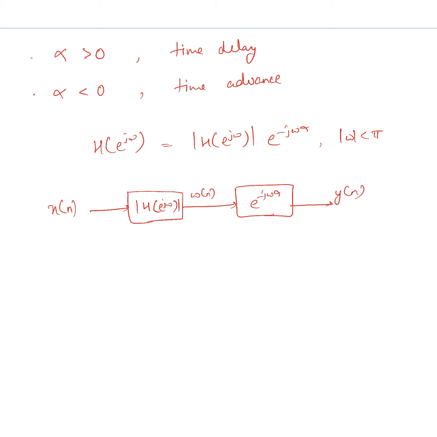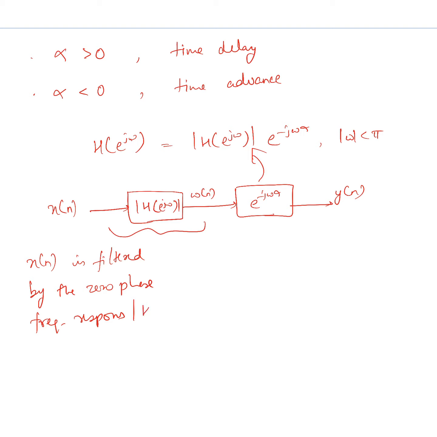Okay, this is just an interpretation of this. Now if we see the first part, let's say this one, x[n], what happens here is that your sequence x[n] is filtered by the zero phase frequency response |H(e^{jω})|.